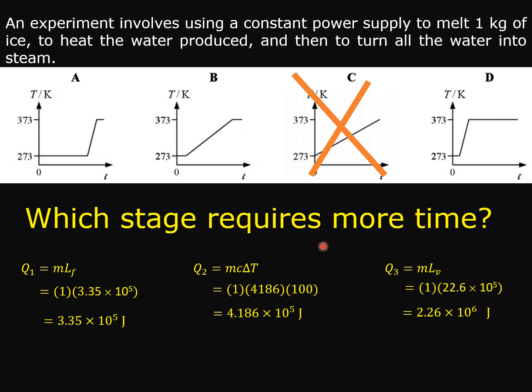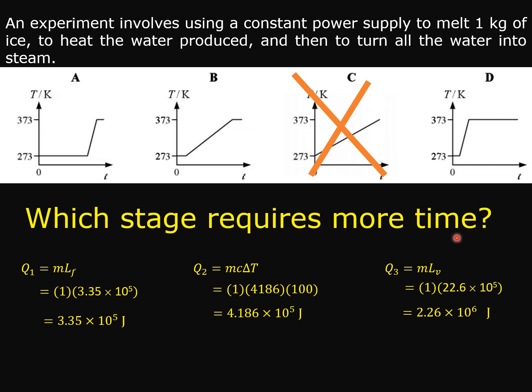Constant means that in every second, the quantity of heat provided to the system would be the same. In 1 second, the quantity is a fixed value. So that's why we call it a constant power supply. Now, if the power supply is constant, that means we will take more time if the value of Q is larger.